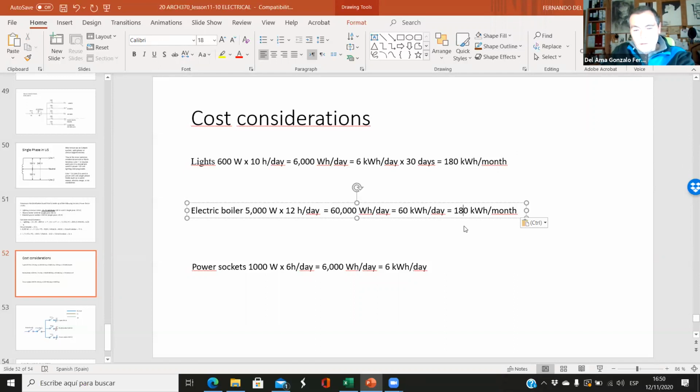And this one would be 60 times 30 days. The total will be 1,800, and this is the same because it's 6 kilowatt hours.